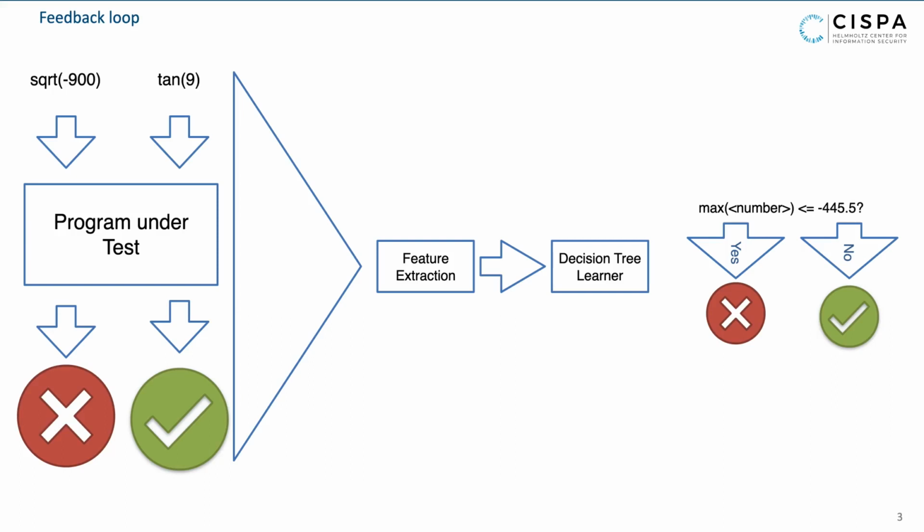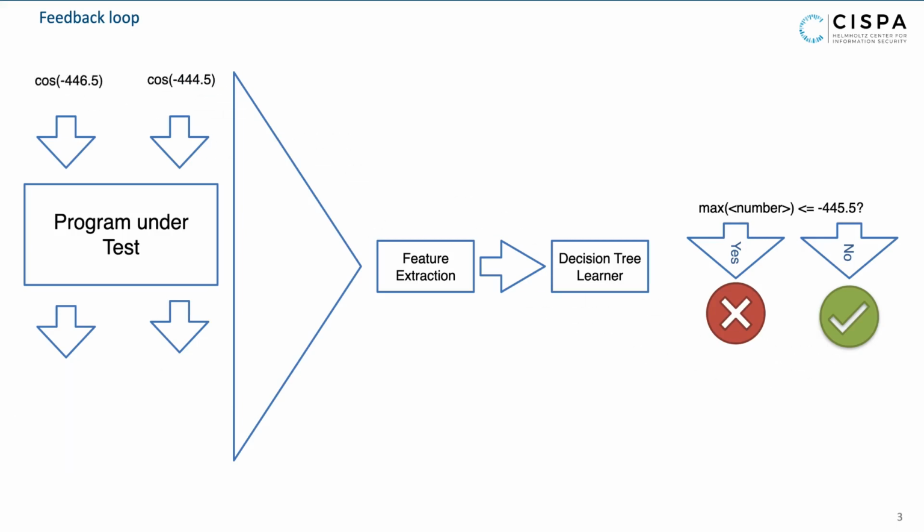This is not correct. The number needs to be smaller than 0, and also the function needs to be square root. However, we can use this hypothesis to generate more inputs, say cosine of minus 446.5 and cosine of minus 444.5.